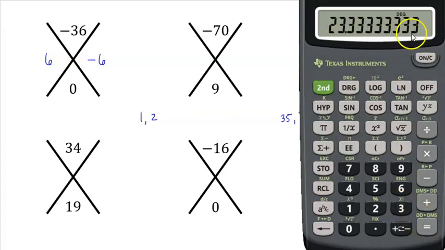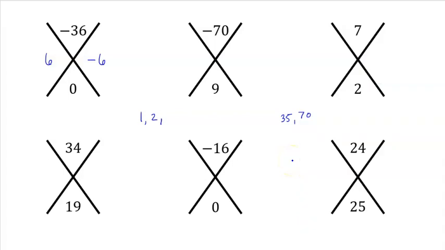And remember, if it comes out to a decimal, it doesn't work. And then I'm going to try 4. 70 divided by 4. Okay, gives me 17.5. So that's not going to be a factor I want to use. 70 divided by 5 gives me 14.